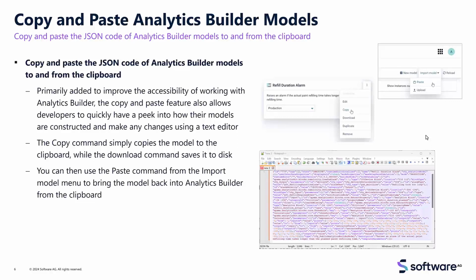Then you can have your favorite screen reader or your favorite tools to modify or read that JSON code, and then you can paste it back in from the clipboard into Analytics Builder with any changes you've made. So it's primarily used for improving accessibility, but also a nice improvement if you want to manually edit your Analytics Builder models outside of Cumulocity.